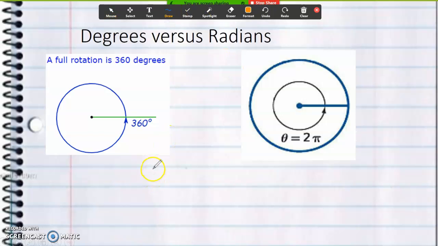So we can say that 360 degrees is the same as 2 pi. These things are equal to each other. Today we're going to convert from degrees into radians, and then from radians to degrees.